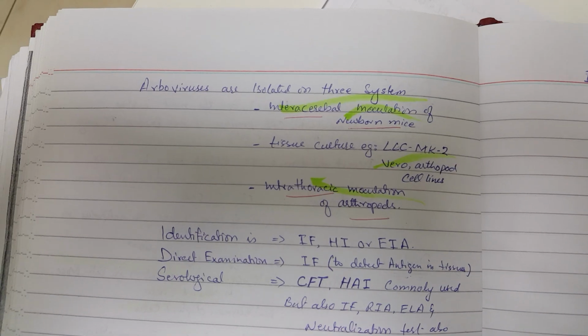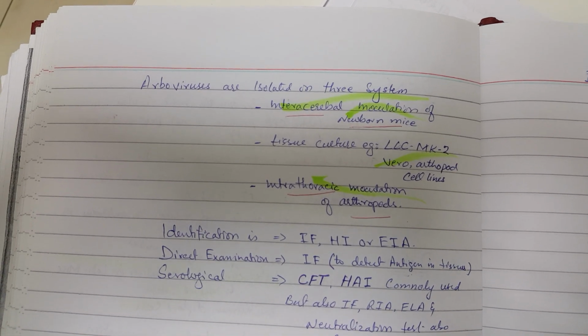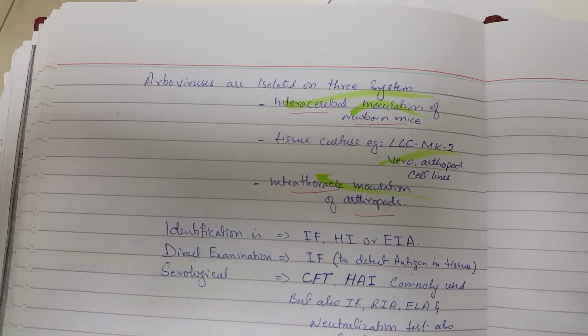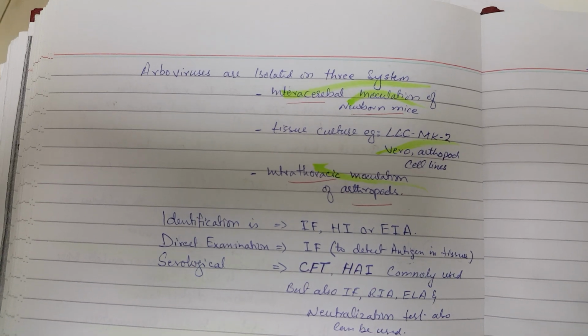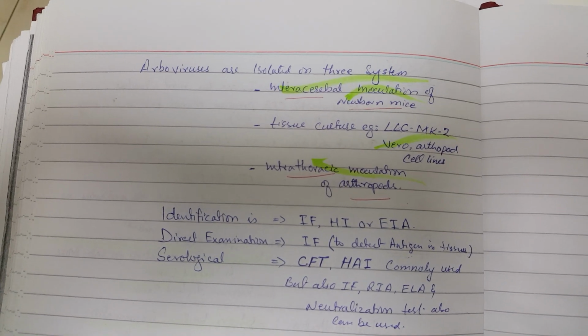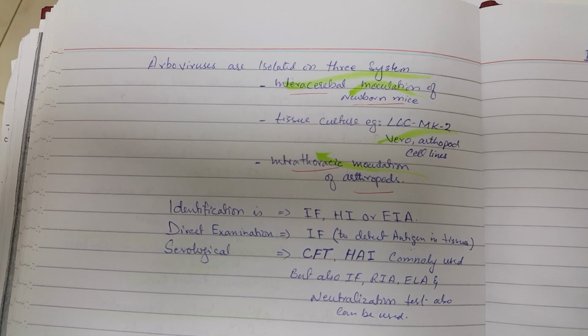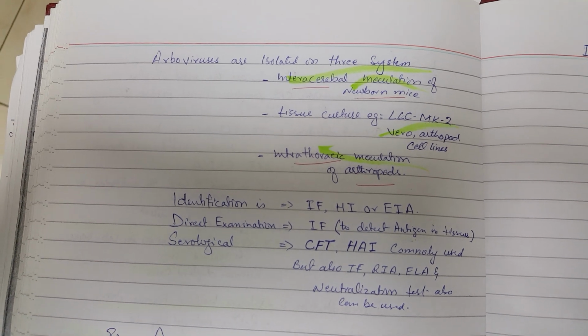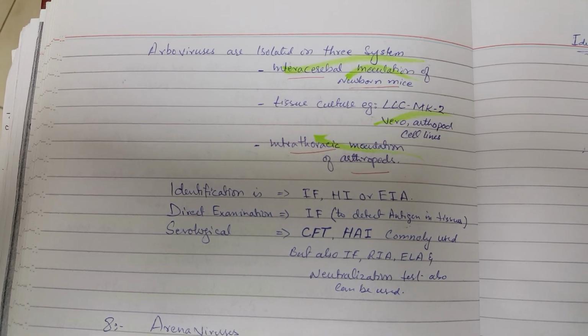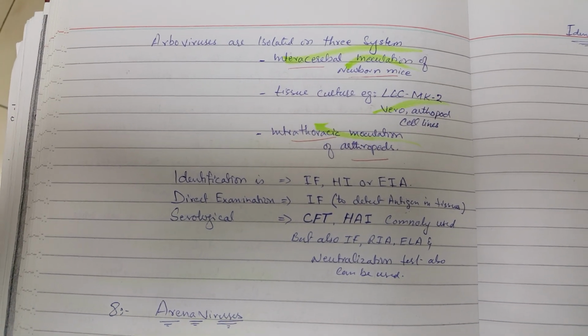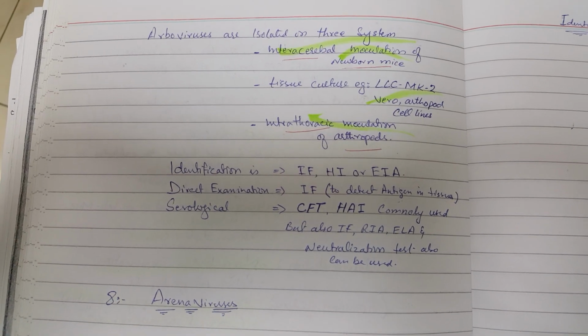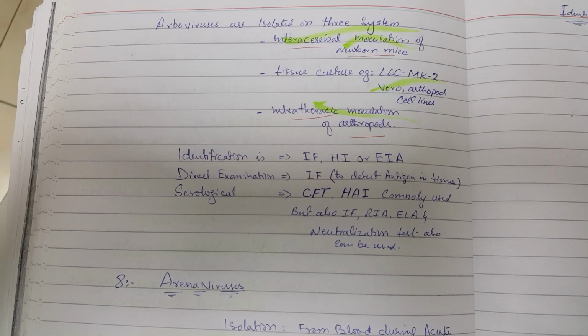For arbovirus isolation, three systems are used: intracerebral inoculation of newborn mice, tissue culture on LLC-MK2 or Vero arthropod cell line, and intrathoracic inoculation of arthropods. Identification can be done by immunofluorescence, enzyme-linked immunoassay, and direct examination.